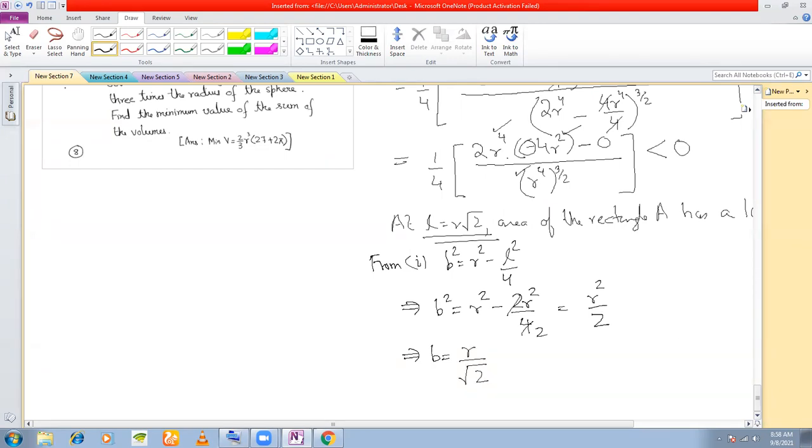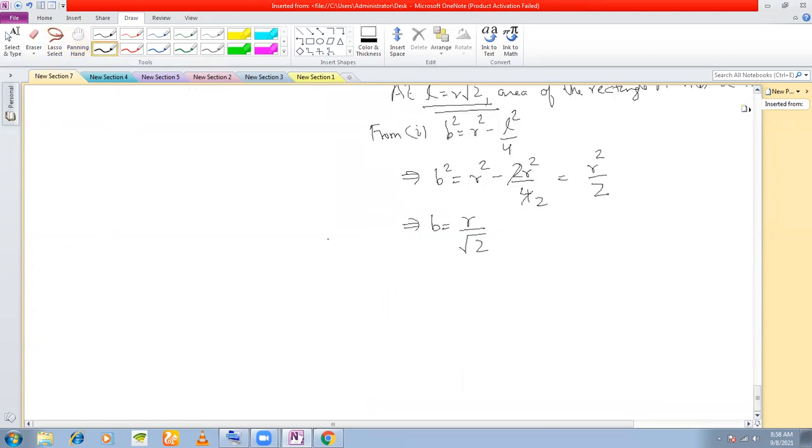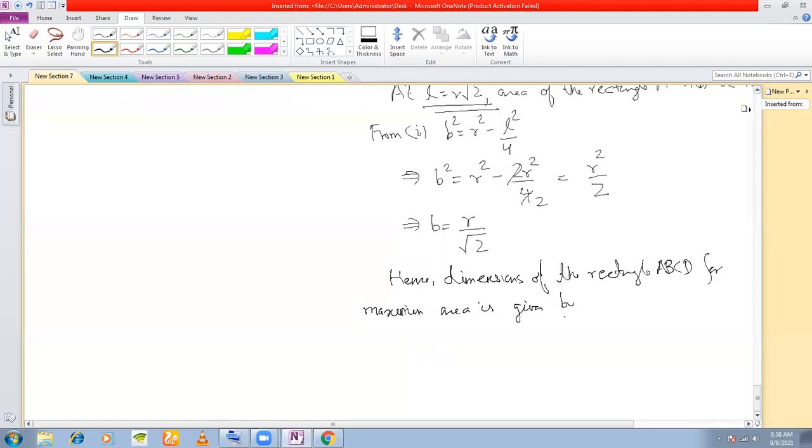right? So what are the dimensions of the rectangle so that the area is maximum? Hence, dimensions of the rectangle ABCD for maximum area is given by length L is equal to r root 2.